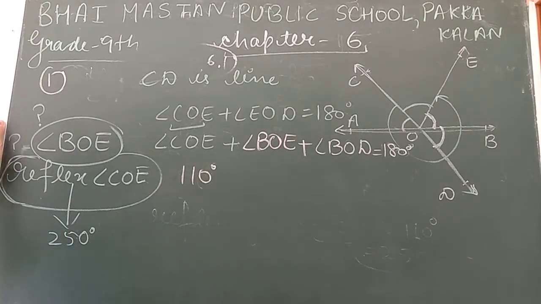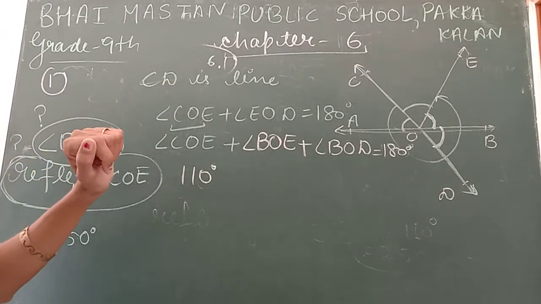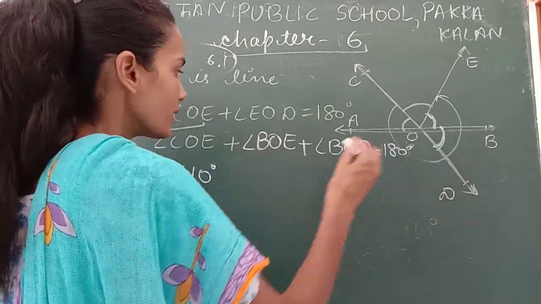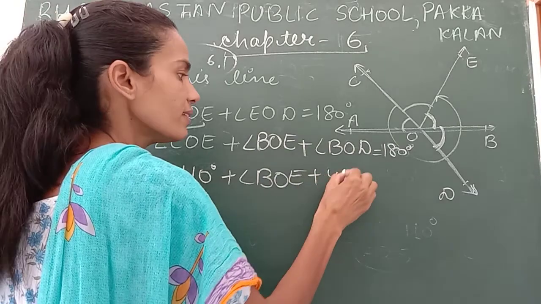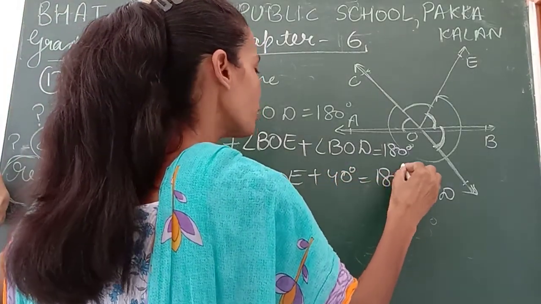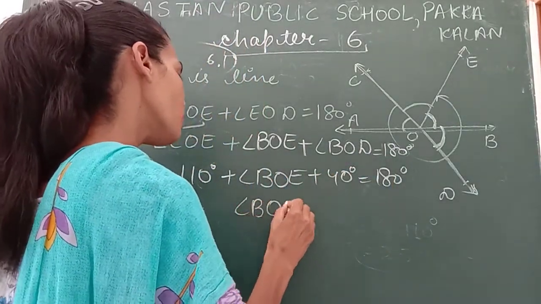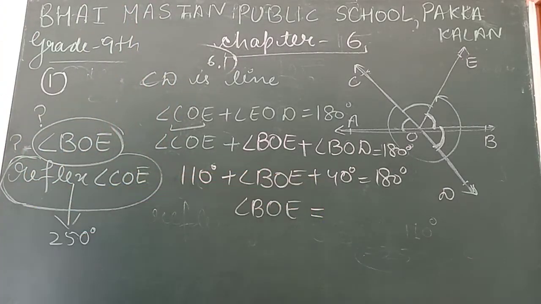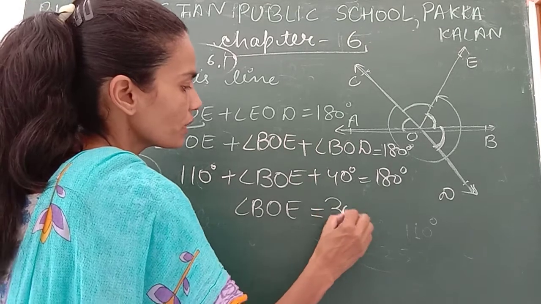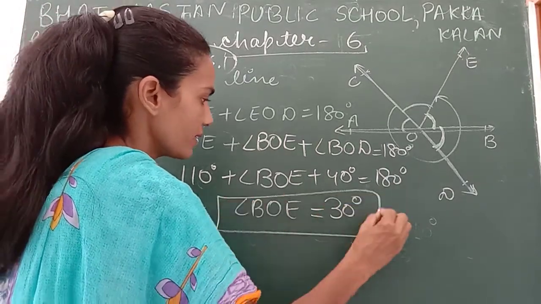You already found it. And BOD is given as 40 degrees. So what do we get? Angle BOE is equal to 180 minus 150, so BOE is 30 degrees.